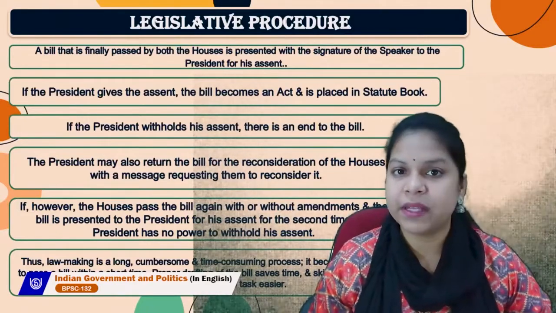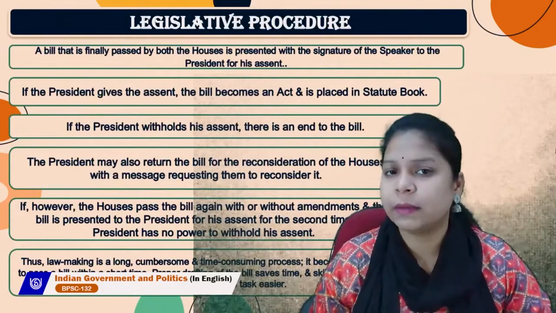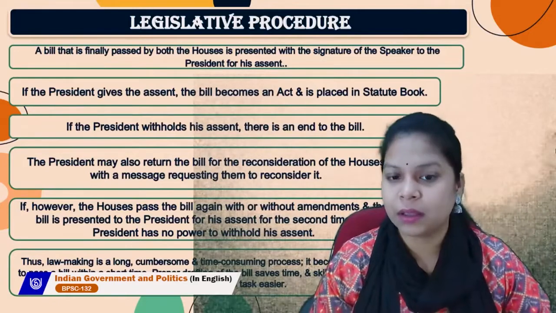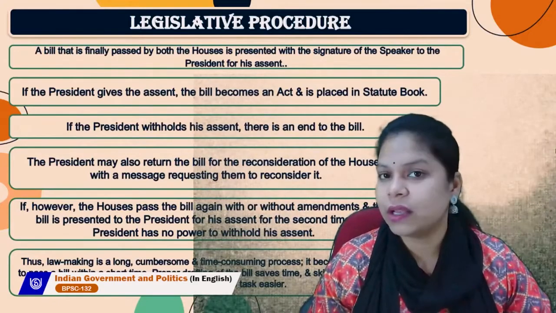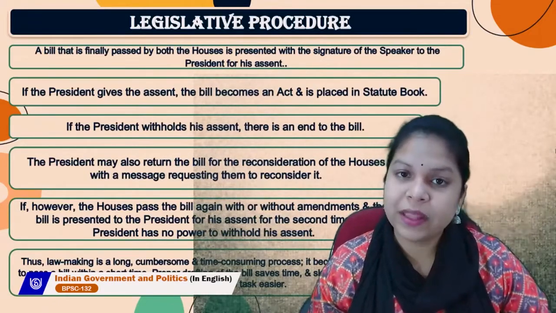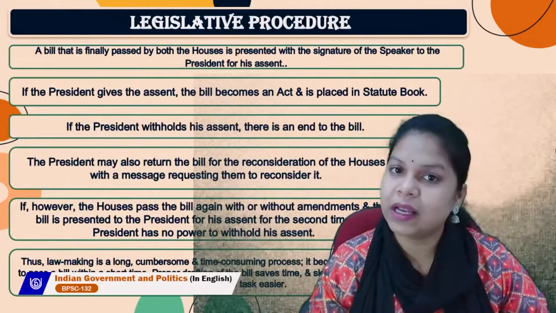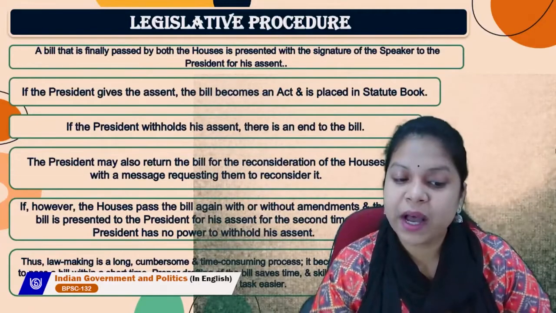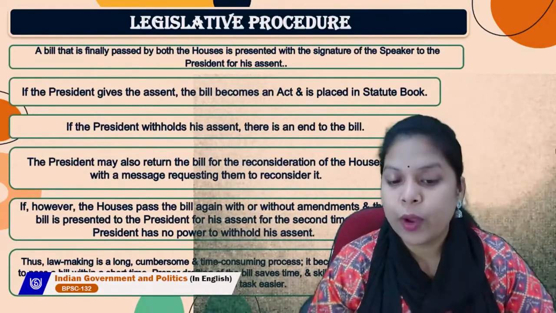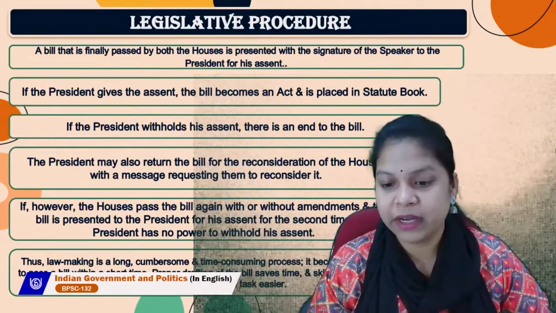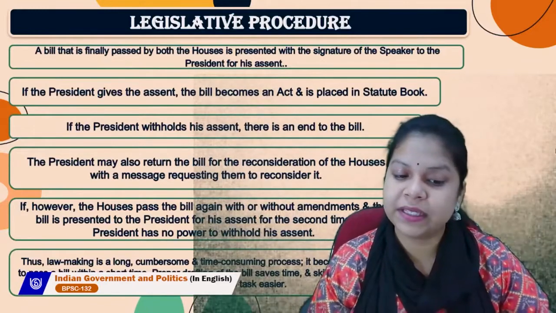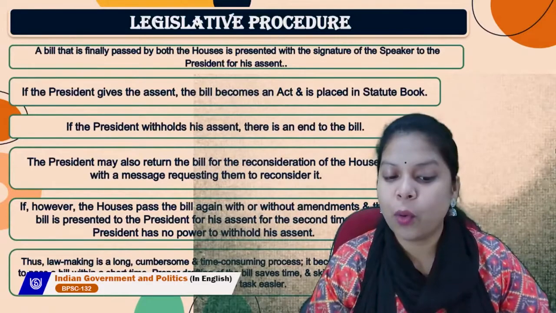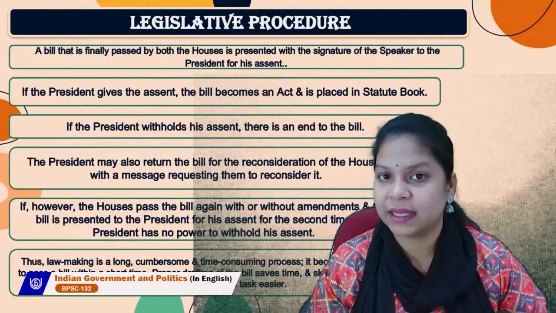Sometimes the President doesn't like a bill and wants some modifications and changes in it. If, however, the Houses pass the bill again with or without amendments and the bill is presented to the President for his assent for the second time, the President has no power to withhold his assent.